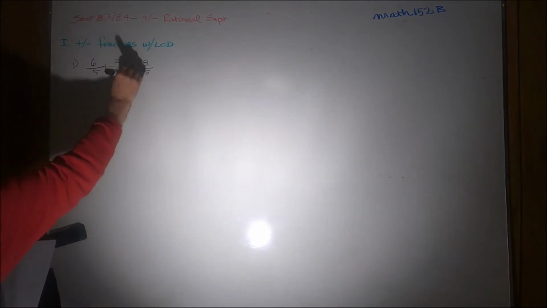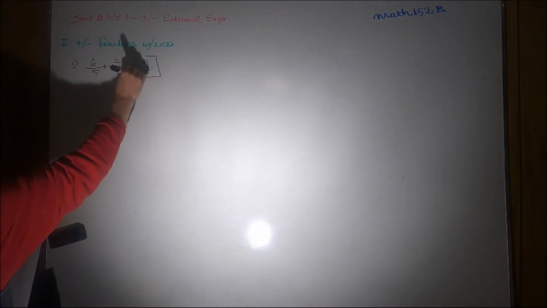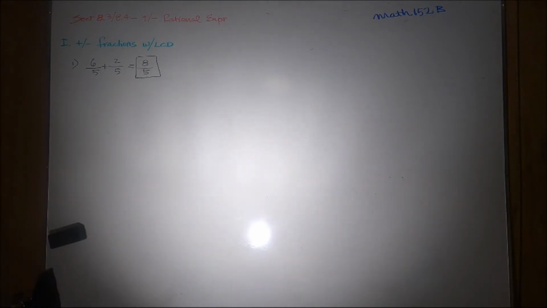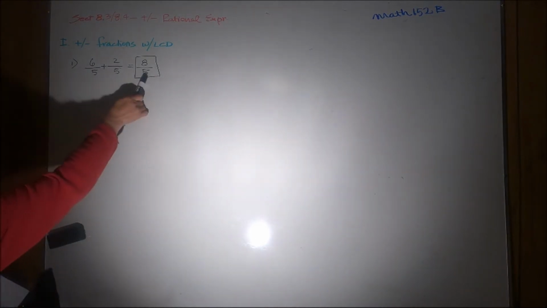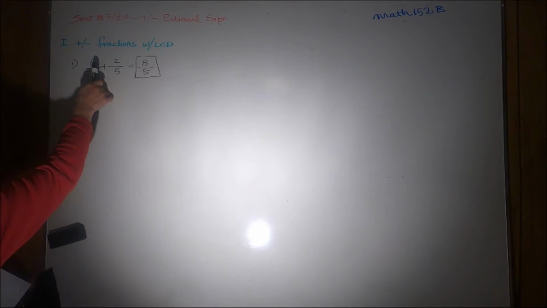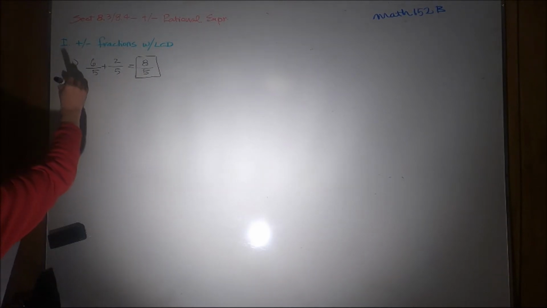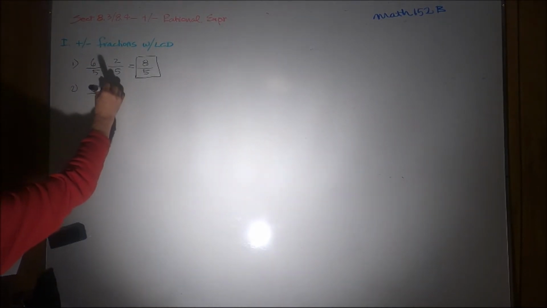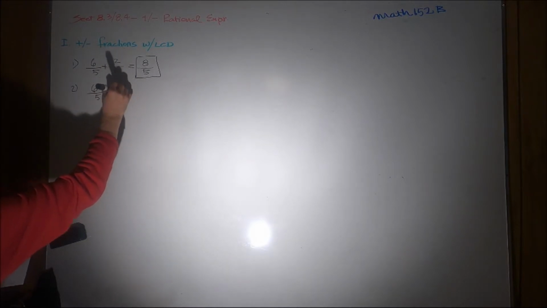If you have the same denominators, same measurement units, then you just keep your units, keep your denominator, and combine the numerator, right? For adding and subtracting, they are the same.